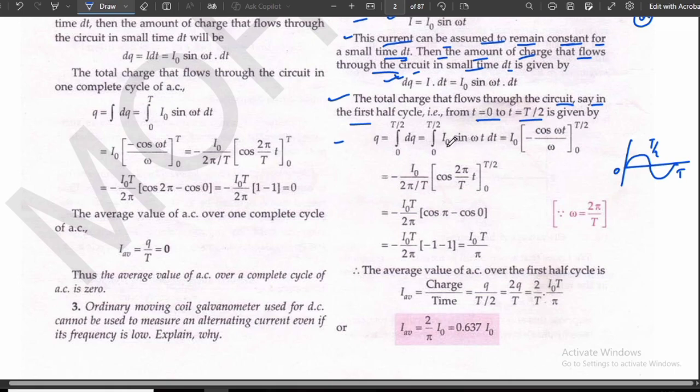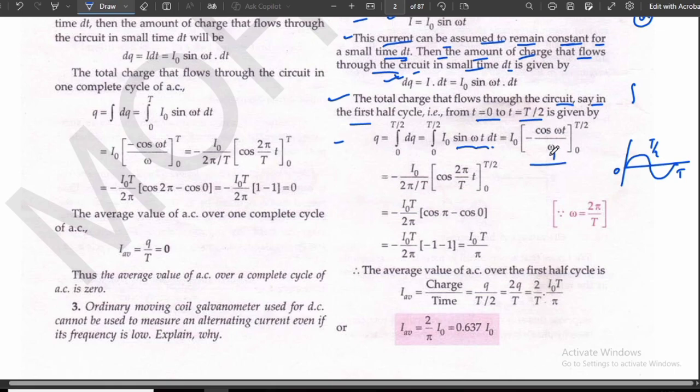I0 is constant, so the integration of sine omega t dt, like integration of sine x dx, is minus cos x. So it will be minus cos omega t divided by omega, and the limit is 0 up to T by 2.